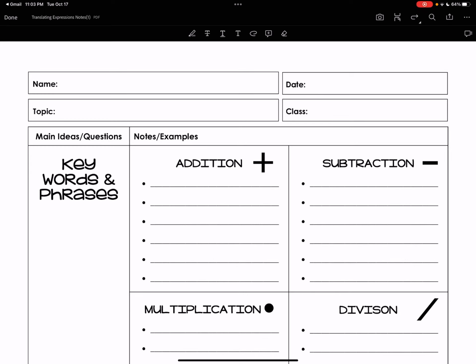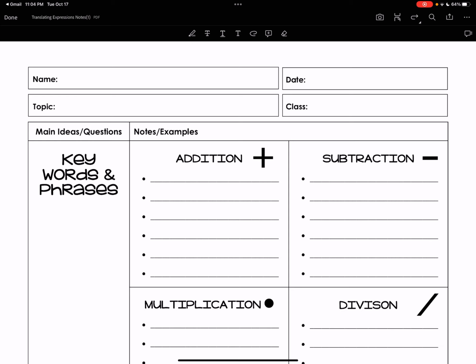Hi, we're gonna start a new unit today. We're gonna learn about how to translate words into algebraic expressions. So algebraic expressions are like you'll see a variable, and then you're gonna see some signs like plus or minus, multiplication or division, and then you're gonna see numbers.